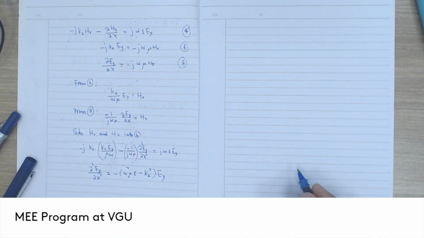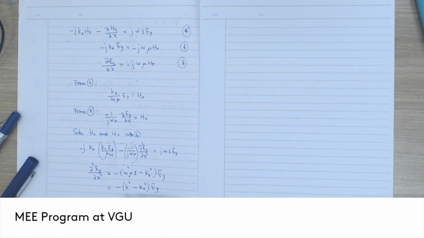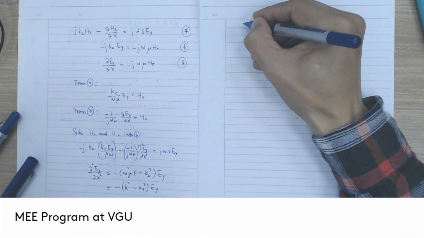Okay, so now let's do further cleanup for this one. This one is k squared. Yeah, we all know that. And previously we have already worked out this one, so you can continue.